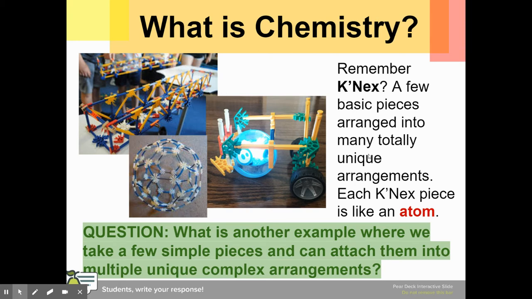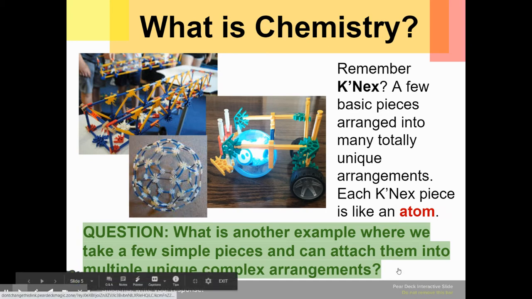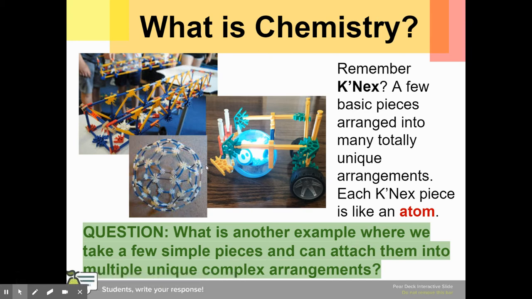We built bridges, built little Sphero chariots. Okay. And so atoms work in the same way. It's the same way that Legos work, where there's just a few types of pieces that can be arranged in different ways. Or construction material, okay? The wood, the pipes, the nails, all those things are basic ingredients, but you could use them to build any number of different structures. That's how atoms work.